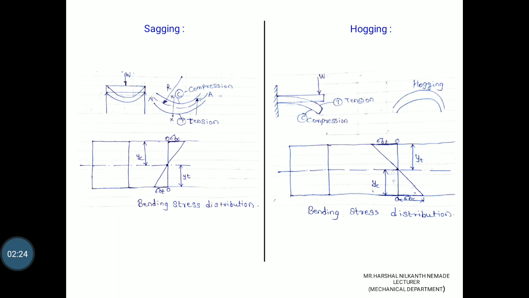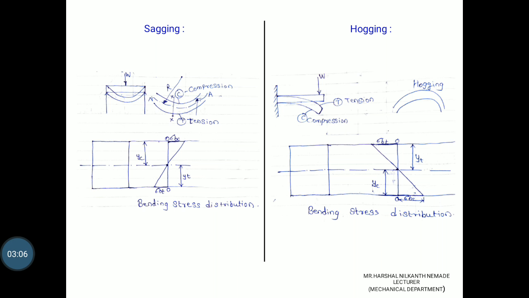Sagging: in the sagging moment you may see that the upper layer is in compression and the bottom layer is in tension, and the middle portion is known as the neutral axis. So there is one rectangular section, and you may see how I have drawn one vertical axis, and from sigma BC, bending in compression, I have drawn one inclined line to sigma BT.